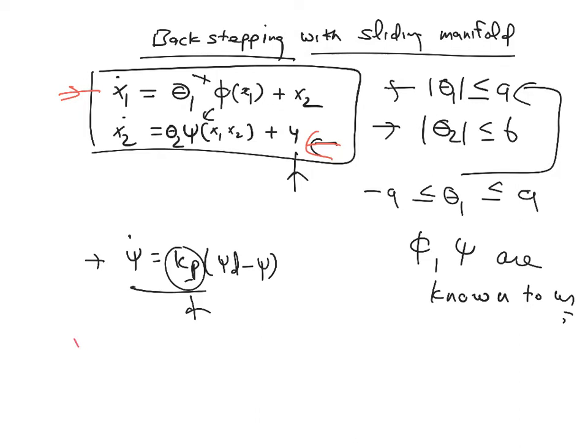So again, let's say v1 equals half x1 squared. That's what I want to solve. That's the good thing about control. Since we are using x2 as a control, we don't have to use very complicated Lyapunov candidate functions, because I can choose x2 to make any Lyapunov candidate function negative definite.